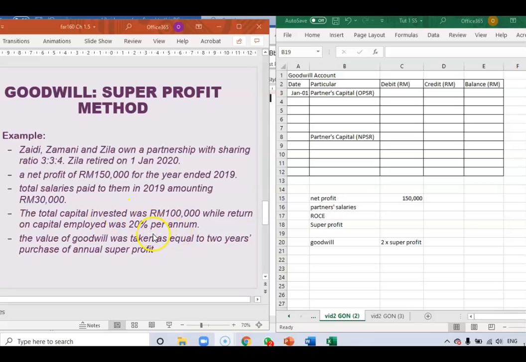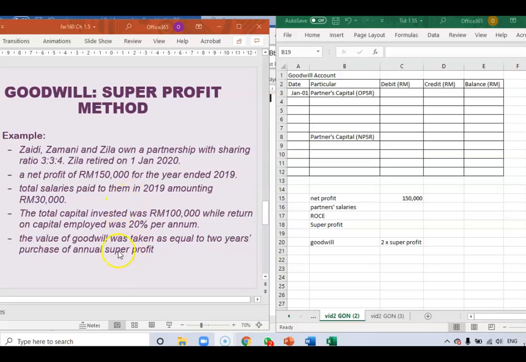Let's say return on capital employed is determined as 20% per annum. These are the data that you need if you want to use the super profit method to calculate the goodwill.